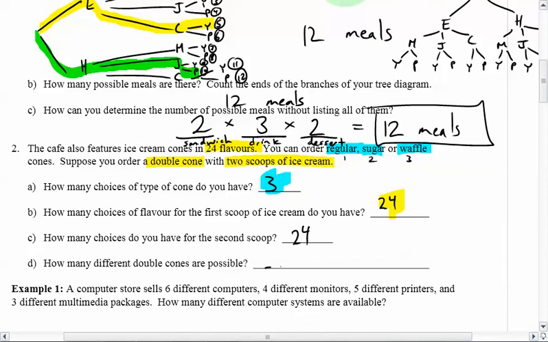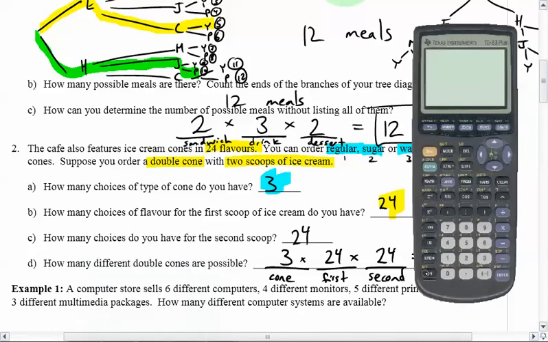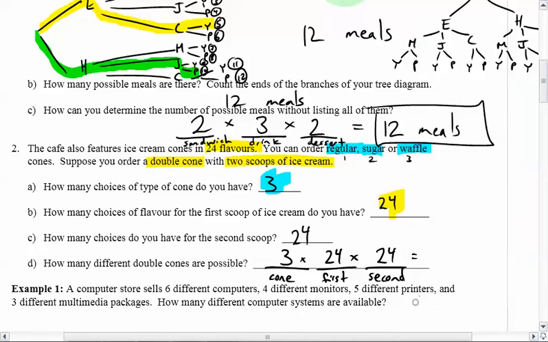So all together, we have cone, first scoop, second scoop. 3 choices for the cone, 24 choices for the first scoop, 24 choices for the second scoop, giving us a total of 1,728 ice creams. That would be a really big tree, so we would never want to do a question like this as a tree diagram.